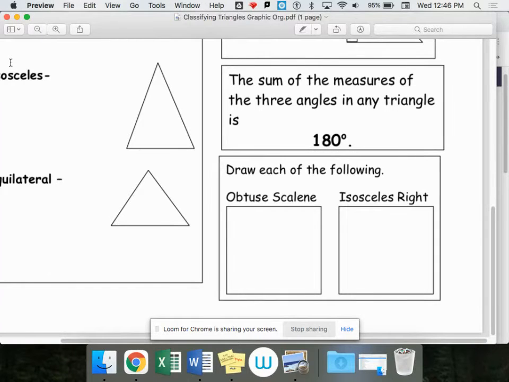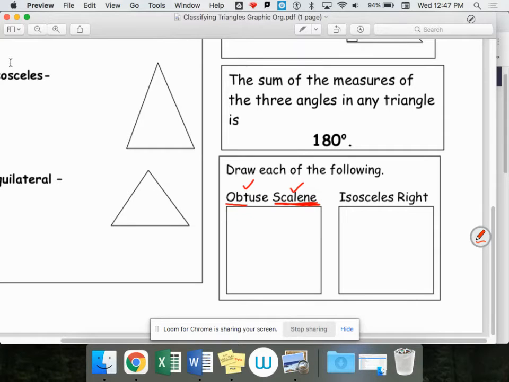I'm going to spend just a minute answering these last 2 questions on here, or drawing these last 2 examples. So they're asking us to come up with a drawing that fits both of these ways to classify. So on this first example, they're asking us to make a triangle that has all 3 sides different, okay, because in a scalene, none of the sides can be the same length.